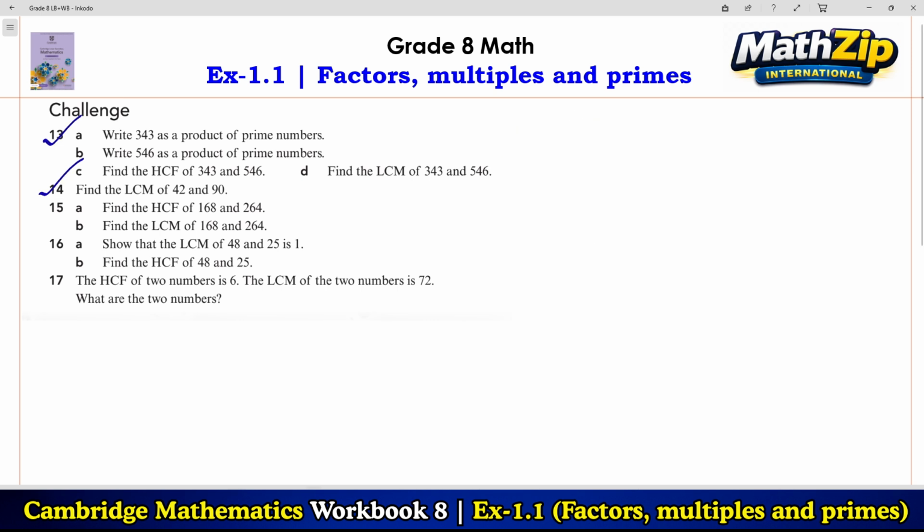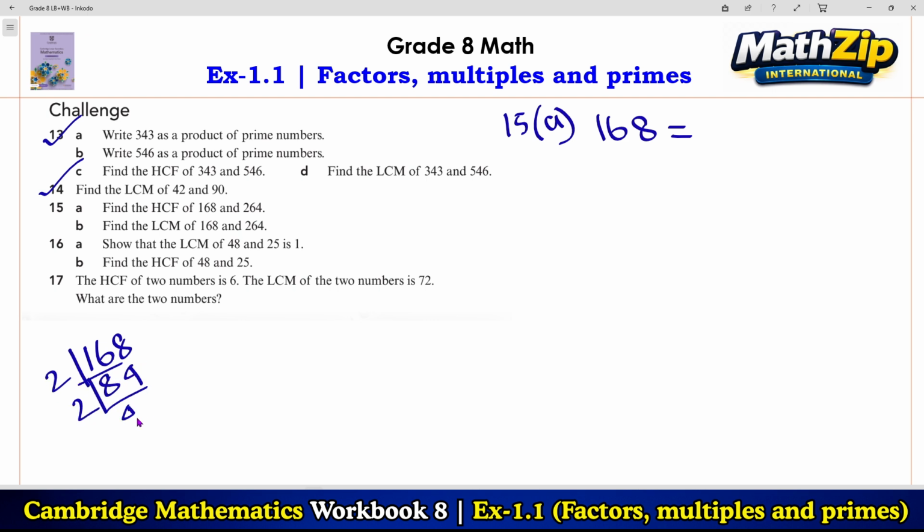Question 15A, right? Find the HCF of 168 and 264. First, we have to find the product of prime factors of 168. 168 is an even number, so we can divide it by 2, so here is 84 and 42, again divide by 2, 42 and 21, divide by 3, it will be 7.